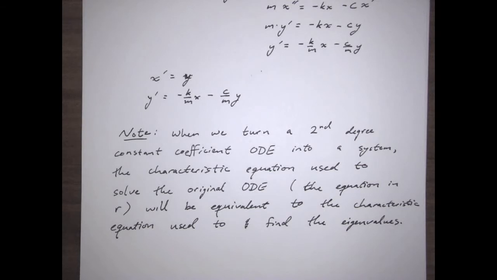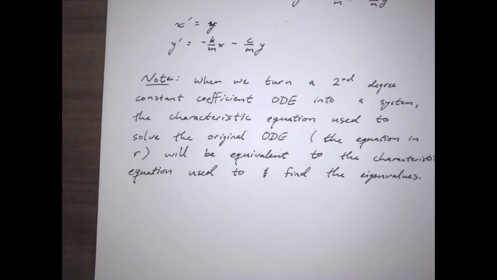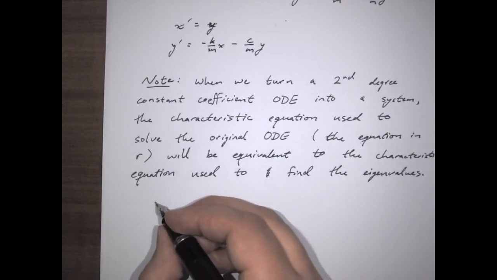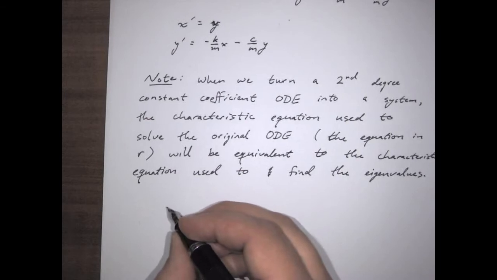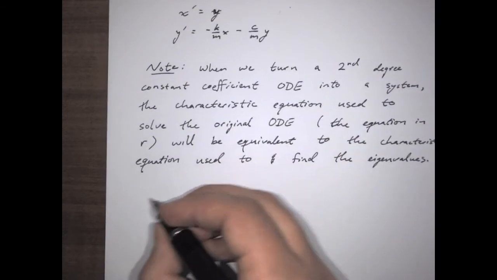So when we do the business of finding the r in order to get the solutions to the second order differential equation, that equation, the characteristic equation there, it's not a coincidence that it is called the same thing as what we do to find the lambda. So based on this, we can actually figure out what the eigenvalues will be from any of the original versions of the equations.